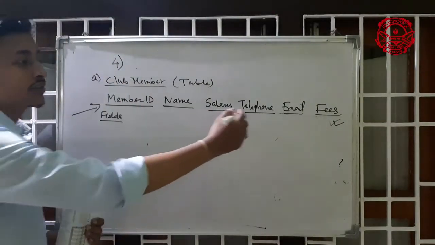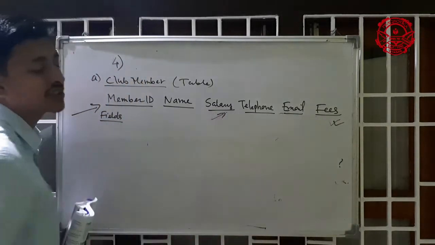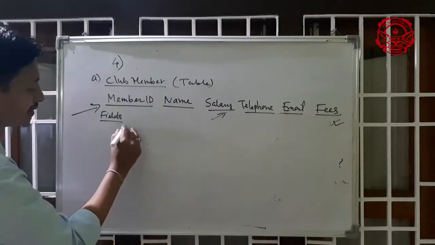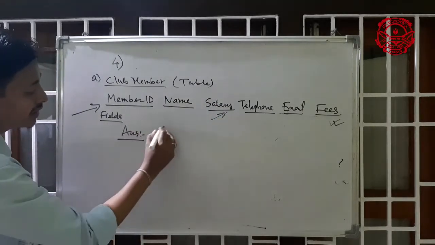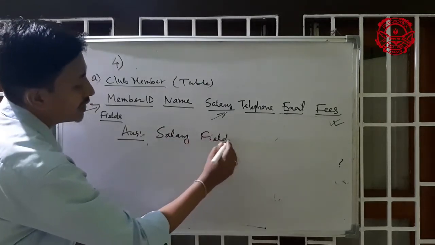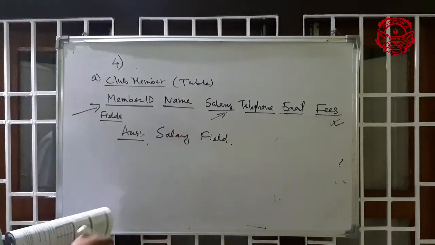So that's why it is also needed. So that's why salary is odd. Salary does not belong to this table. So the answer is salary field. Salary field is not suitable for this table.